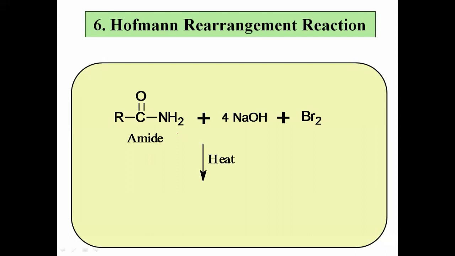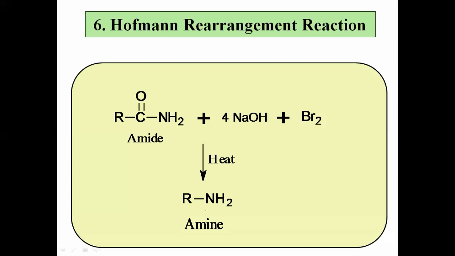That reaction is carried out at high temperature. Now here, this amide is converted into the corresponding RNH2, and thus the amide is converted into a primary amine, which has one carbon atom less, and this reaction is called Hofmann rearrangement reaction.